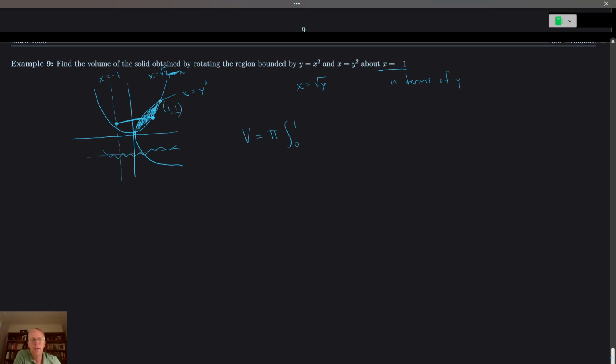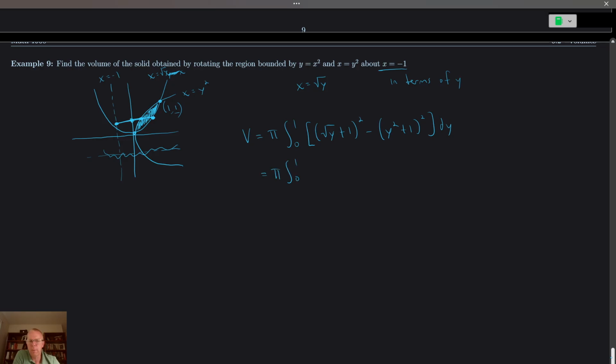So from here to the y-axis would be square root y, and we're going another unit beyond that. So we have square root y plus 1 squared minus, now from here to here, plus the extra unit. So really from here to here, that is y squared plus 1. So y squared plus 1 squared dy.